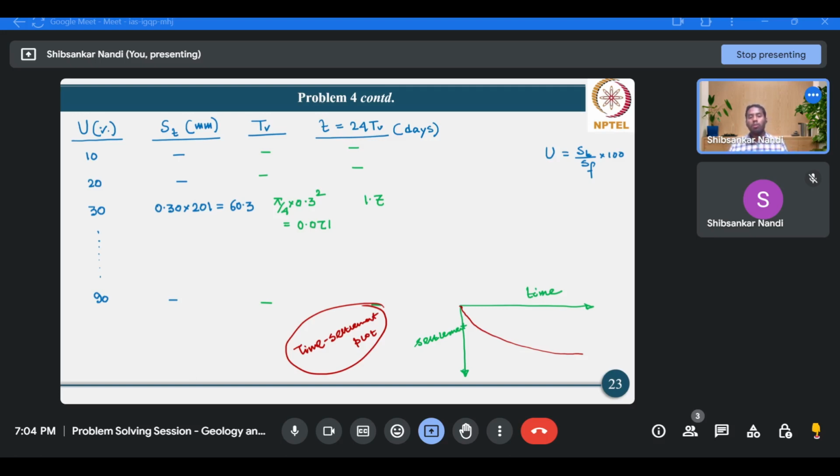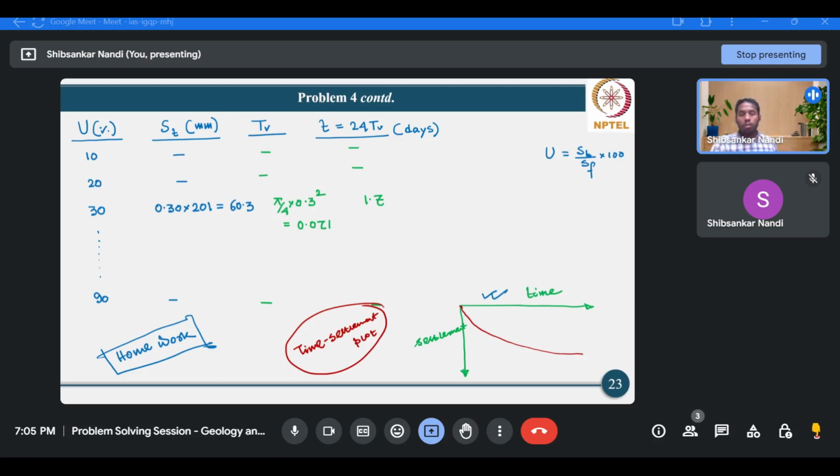So I'll not go into further details about this calculation procedure. So it's a homework for you. So please complete this table and plot the time settlement data. Okay, so in this fashion, that will complete the whole problem.